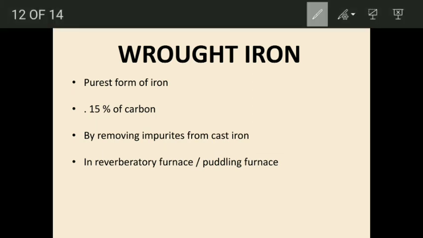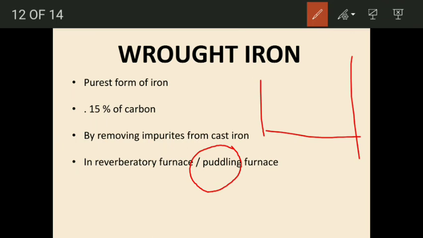Puddling means stirring the metal in its molten form. So we can remove the impurities from the cast iron by stirring it in the molten form. It is basically a rectangular vertical chamber lined with fire bricks.